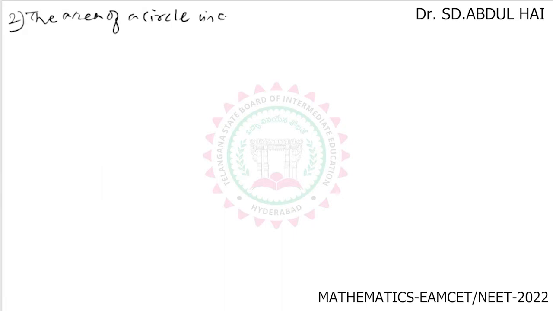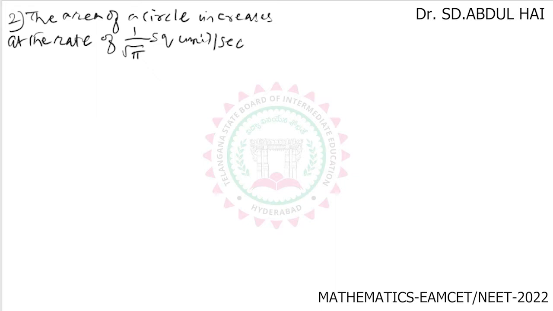The area of a circle increases at the rate of 1 by root pi square units per second.